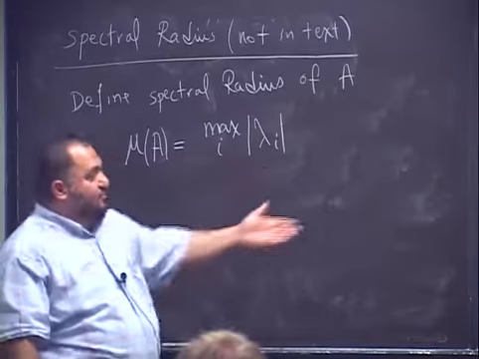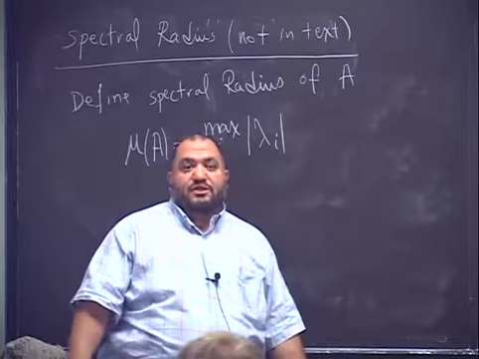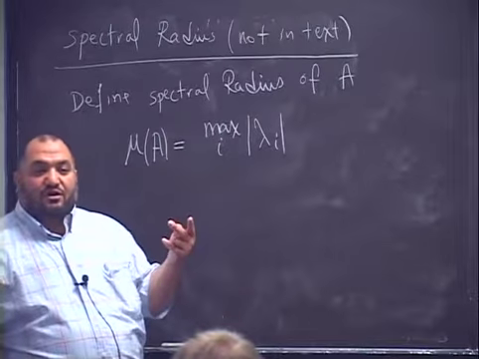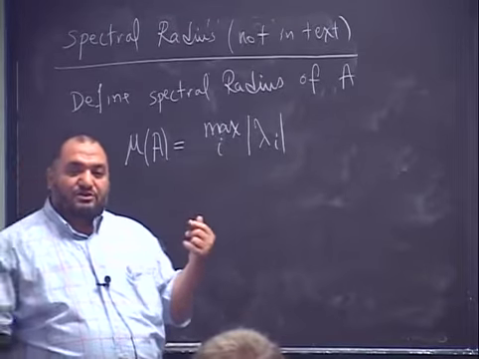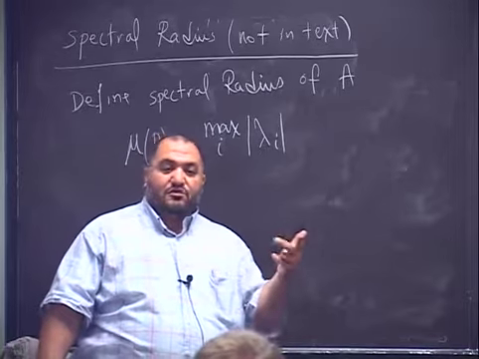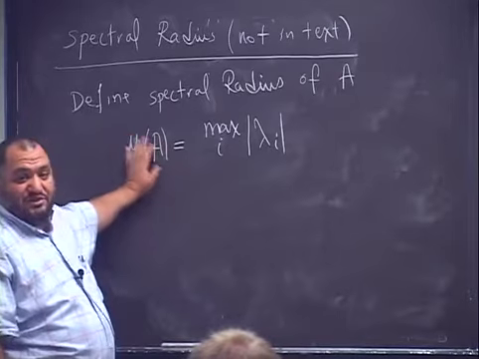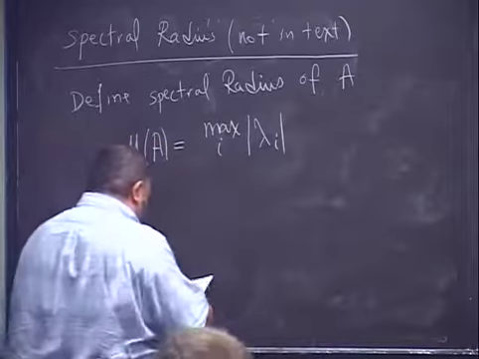Let's assume for the last example, for the non-degenerate case, we have two values for lambda. Do you remember, for the last lecture, it was 4 and 2. So what will be the spectral radius for the matrix? 4. It's the largest value.